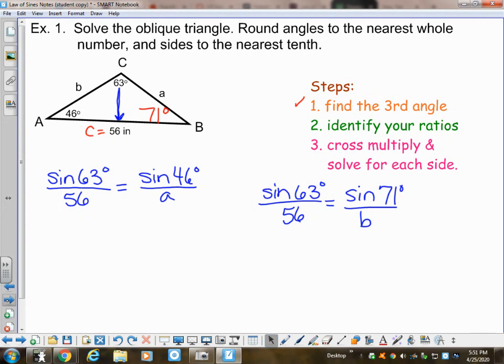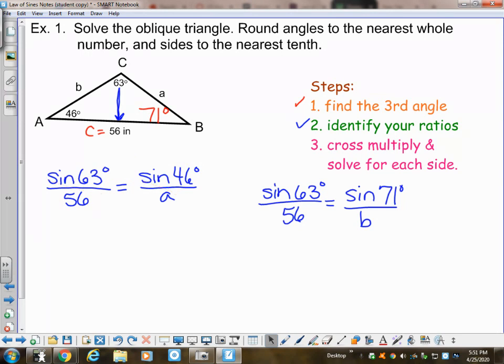Step 3 now says to cross multiply and solve for each side. I don't know if you remember cross multiply, or your teacher might have called it the butterfly, where they'd say you multiply those two together, set them equal to those two, and it ends up looking like a butterfly. If you want to make butterflies, you go right ahead.